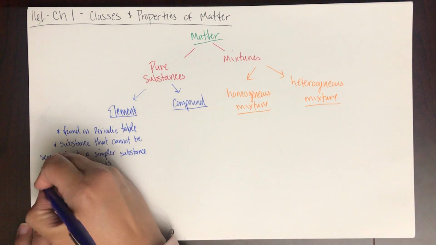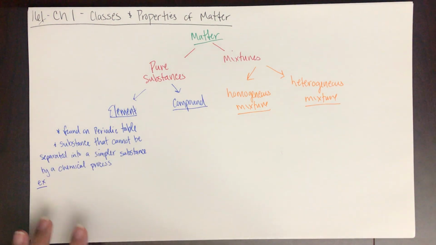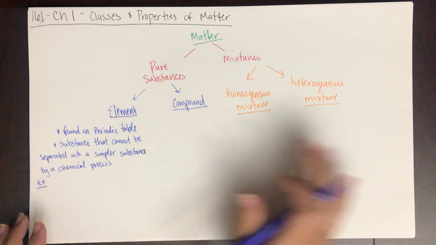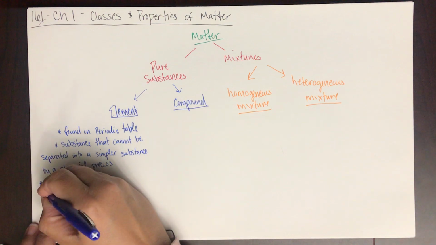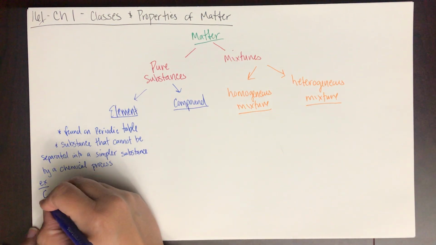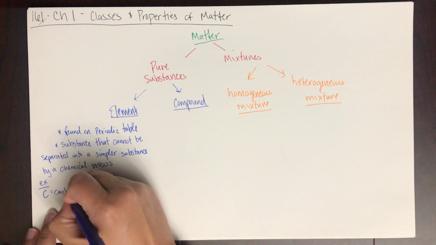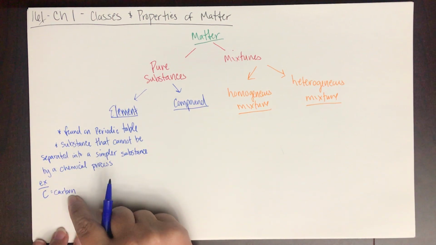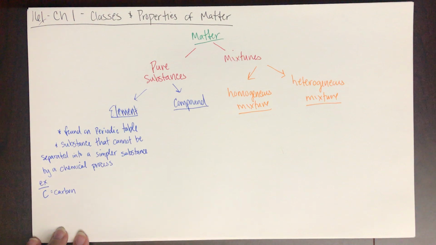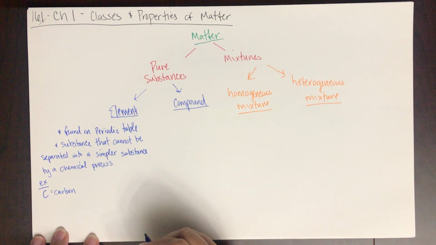Some examples of elements that we will commonly use, just from the periodic table: we'll talk a lot about carbon. Carbon is capital C on the periodic table. We're going to talk about what makes these elements, what gives them their identity and their properties, in chapter 2.